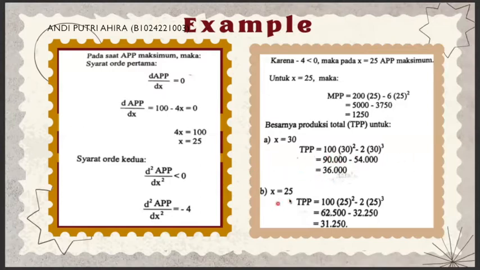And for x equals 25, the TPP equals 100 times 25 squared minus 2 times 25 cubed. The result will be 31,250.